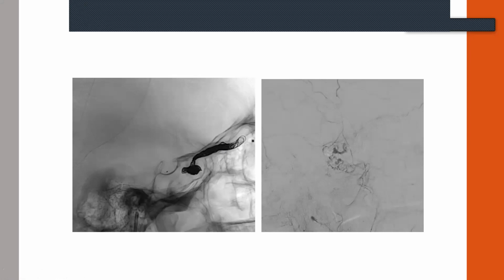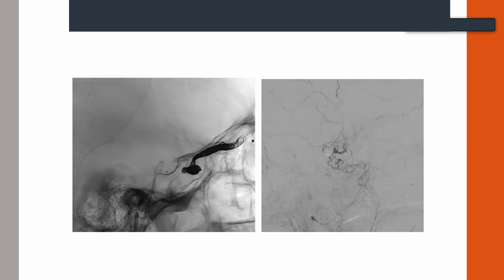This was a case where we actually initially got an incomplete treatment. We put coils in, and then the coils, at the end of the procedure, didn't really go in the area that we wanted them to. So we pulled the catheter back, and we wanted to reinforce the coil embolization with glue. So we glued off the back part of this fistula, but it was still filling.